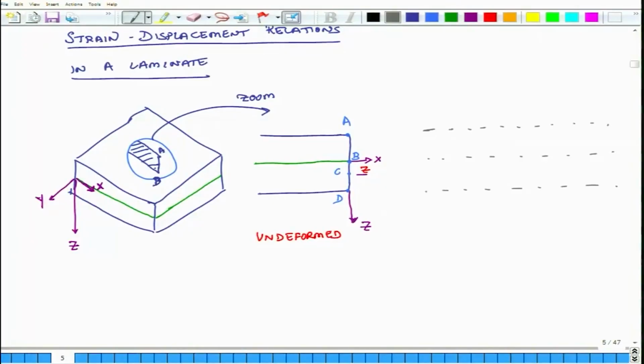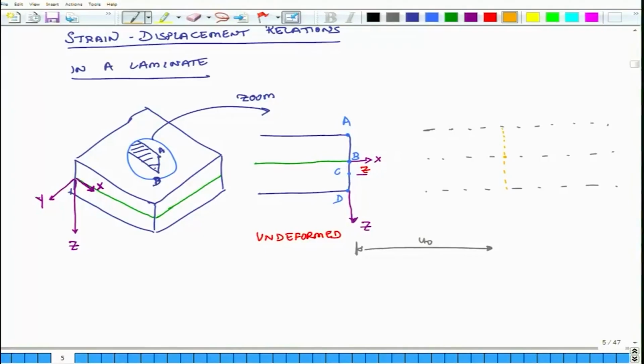So let us say it stretches by a distance u naught. First I am just stretching or pulling this line AD in the positive x direction by a distance u naught, and when I do that, this is my new location. Now this is my mid plane, and then I rotate it.